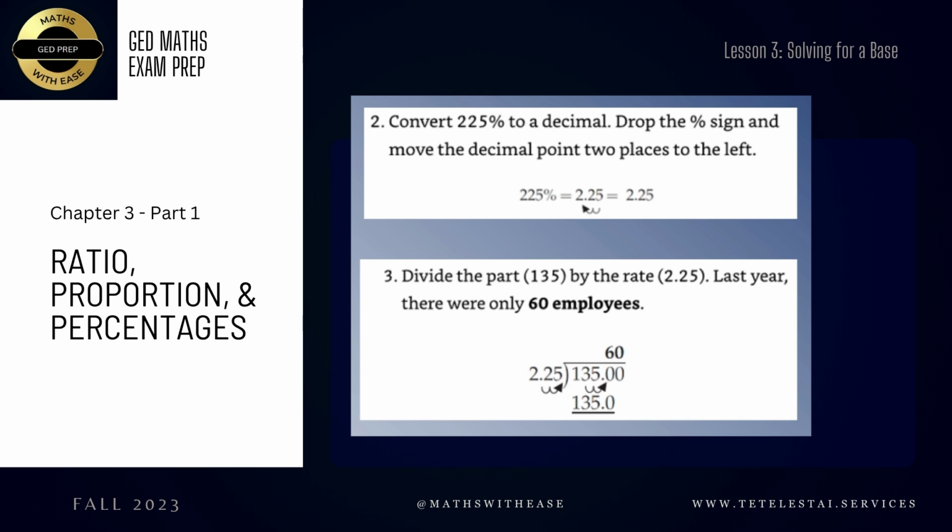Because you're dividing a number that's greater than 1 into this whole number, and whatever you're left with shouldn't be greater than what you started with, right? So you shouldn't be able to give $2.25 to more than 135 people, okay? Because in real life, that wouldn't make sense. You wouldn't be able to do that.